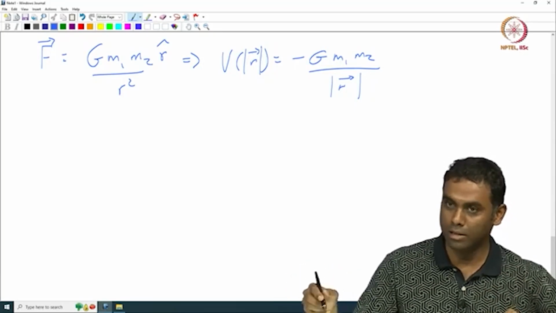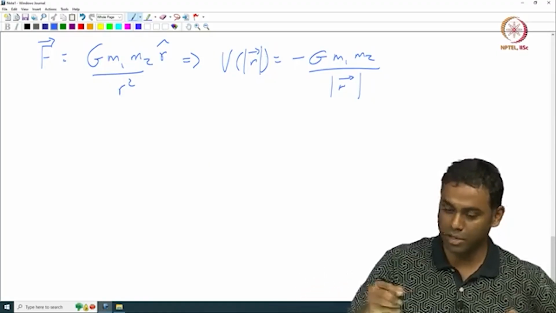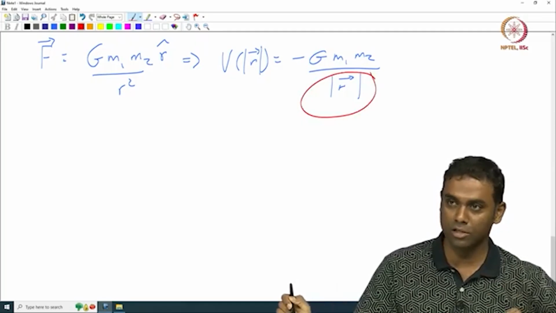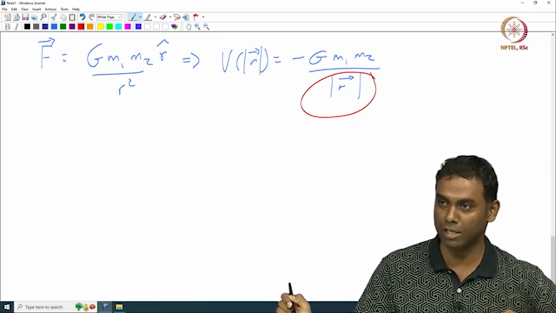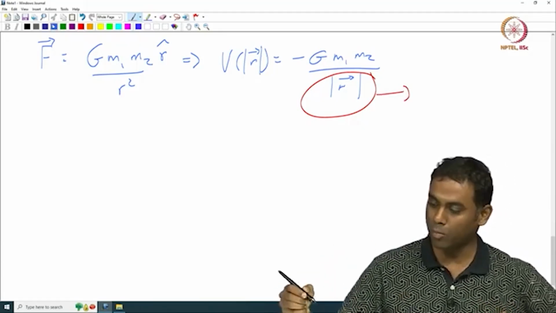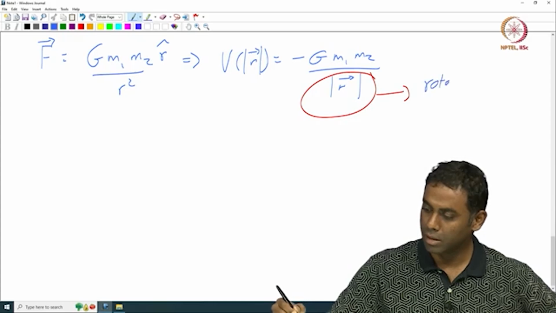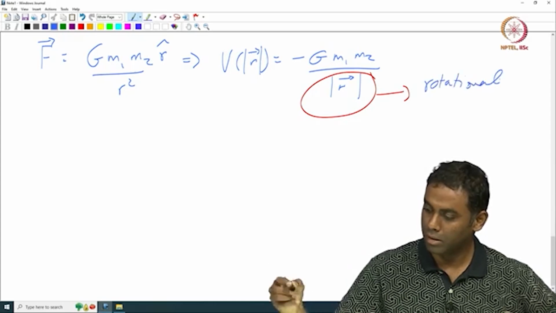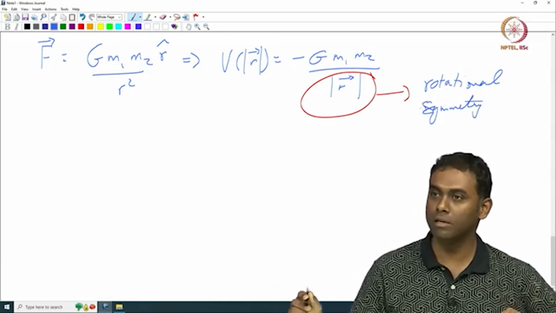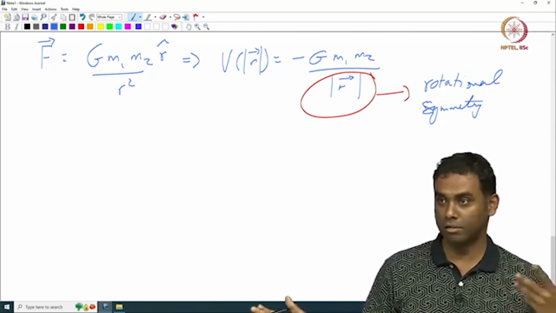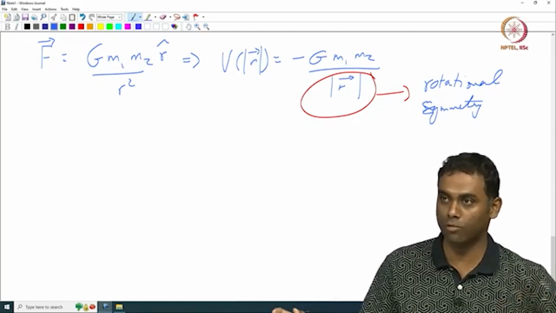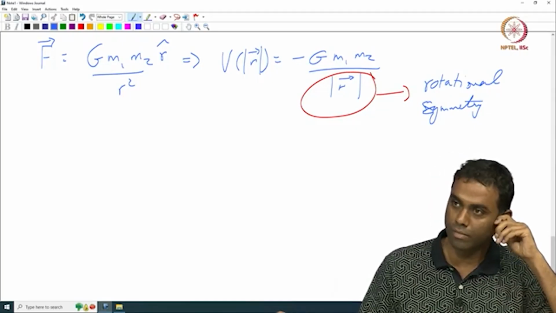And this, you will agree, because of the presence of this object, which does not care about the direction in which you are pointing, is what gives the problem its rotational symmetry. That is, if I rotate the coordinates, then the law is not going to change. The phenomenon is not going to change. I can do this in any coordinate I want under rotations.